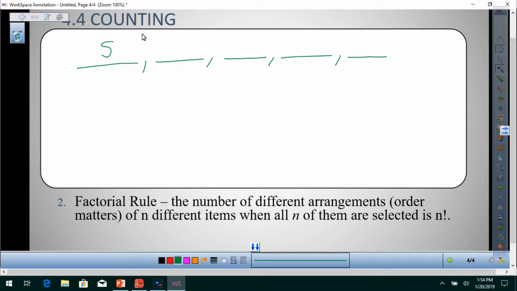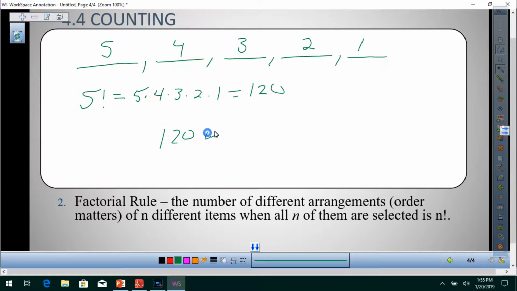How many choices for his second trip? 4. How many choices are left for his third? 3. And then the second, and then the first. So 5 factorial is 5 times 4 times 3 times 2 times 1, which is 120. There are 120 different ways you could visit those 5 presidents. Pretty cool, huh?